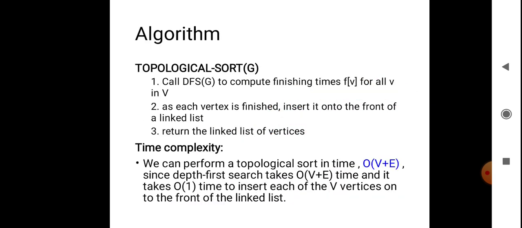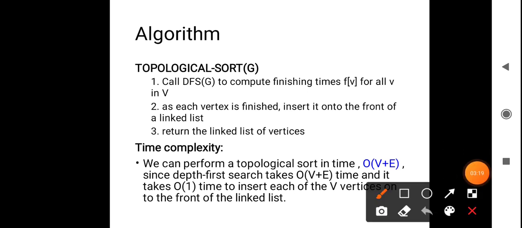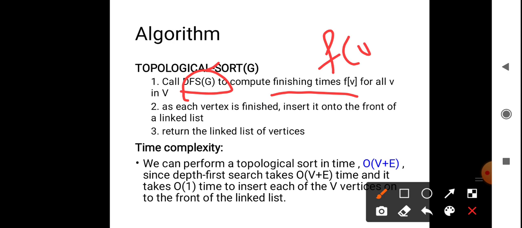Next, the algorithm of topological sort. First, we call DFS, the depth first search algorithm, on this graph. Then compute the finishing time, represented for each vertex V with the symbol f of v.